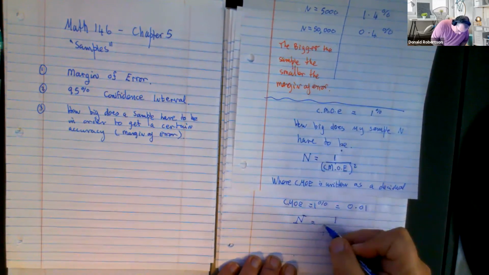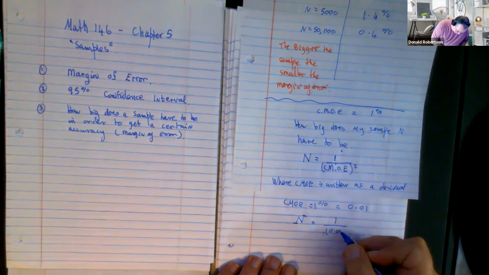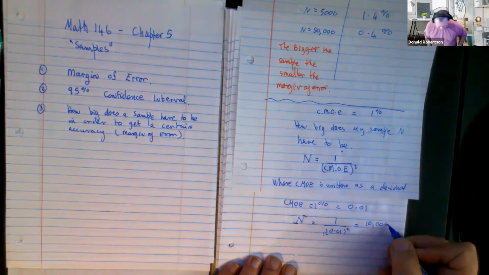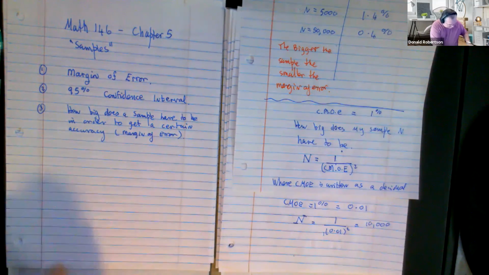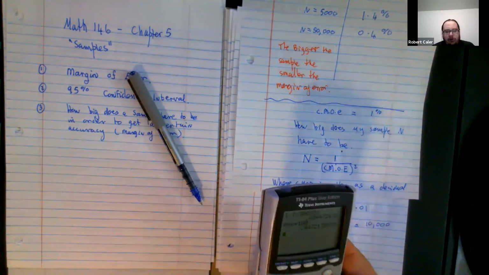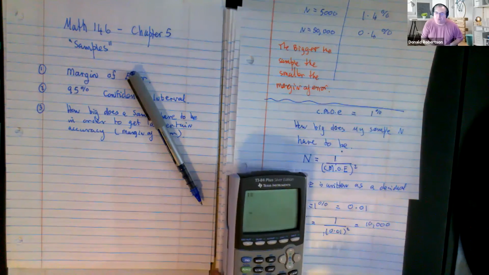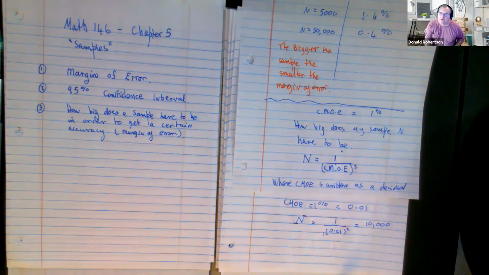1 over the conservative margin of error squared, which is, I need, is it 10,000 or 1,000? Let me double check. 10,000. Oh, I got it right. So I need 10,000. Do you see how big your sample has to be then if you want a margin of error of just 1%?